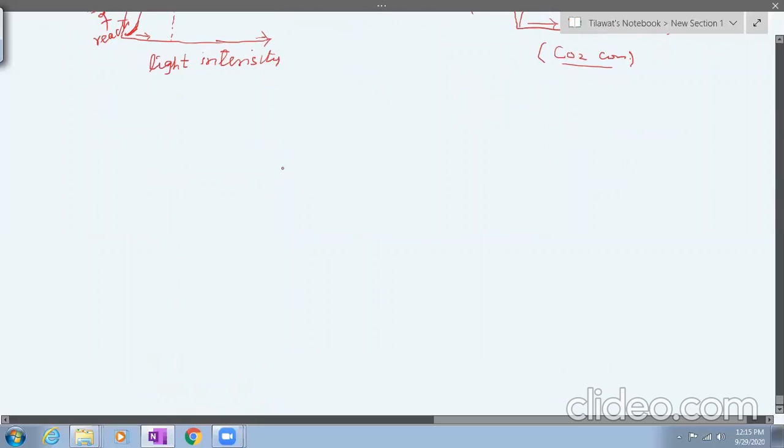Now let's do it for temperature. Then we will do a merged graph. Another factor we have is temperature.